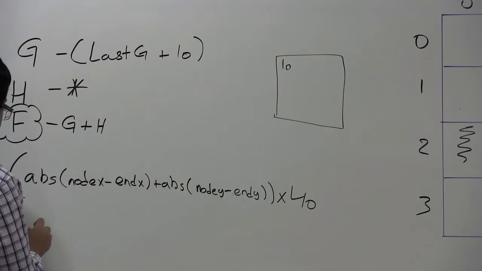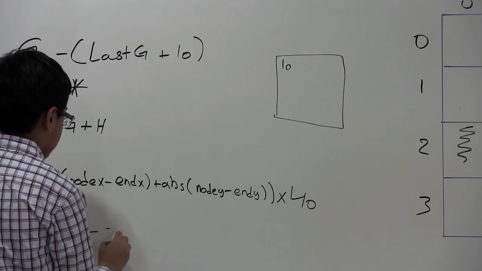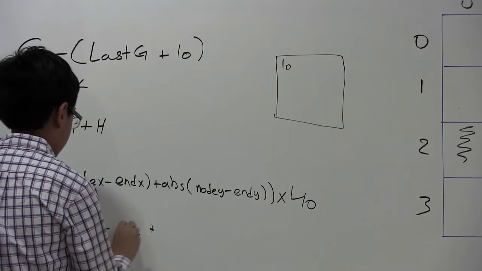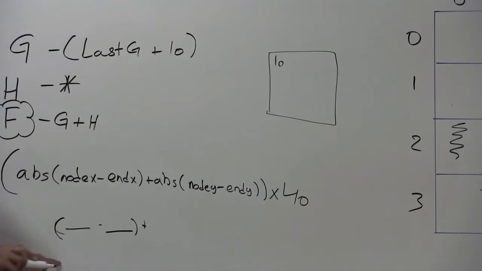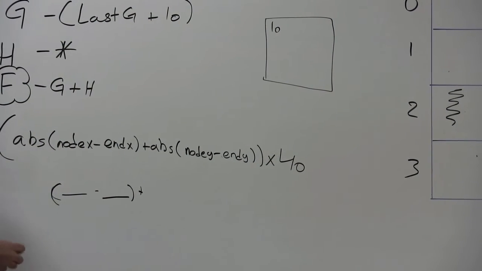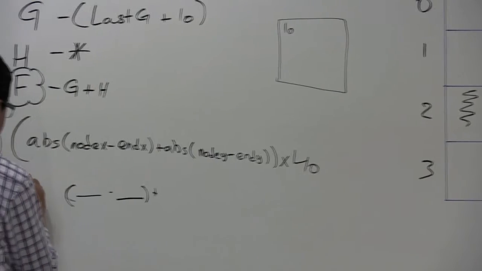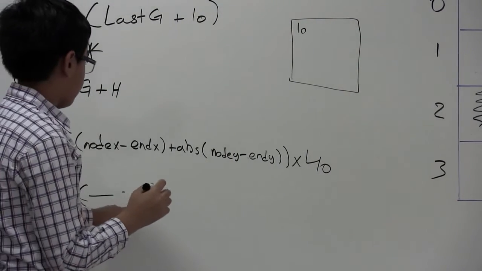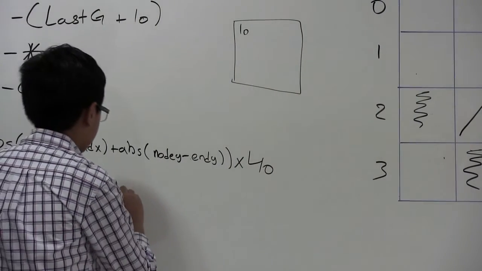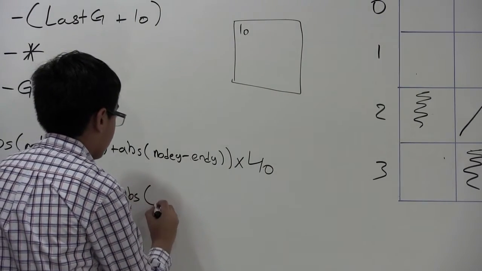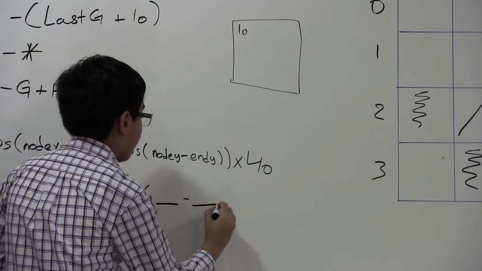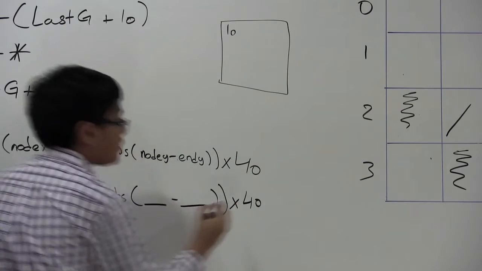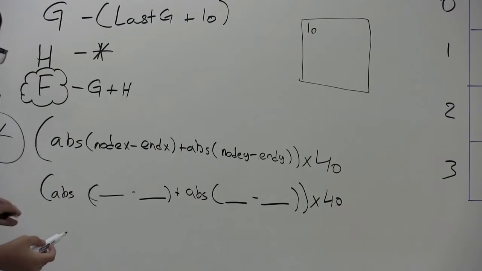We have absolute value, node X minus end X plus, I'm just going to put the absolute value here, since I don't want to skip it. Absolute value for this minus this plus the absolute value for something minus something, times 40.